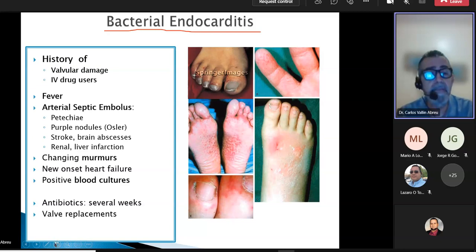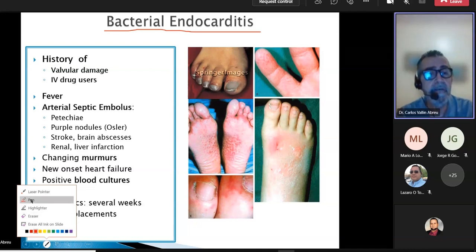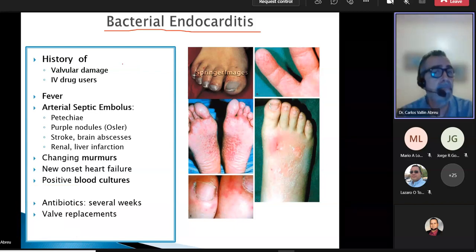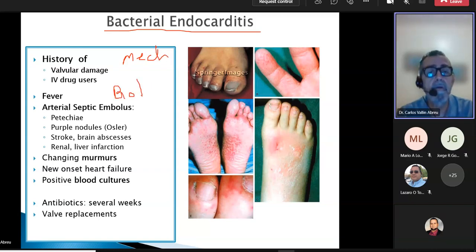Talking about valve replacement, the question about valve replacement that I've seen in NCLEX is that you have two types of valve replacement: mechanical and biological. Bio is life, no? The mechanical valve replacement means that they do the surgery, they open the heart, they remove the damaged valve, and they replace it with an artificial valve made with plastic and metal.